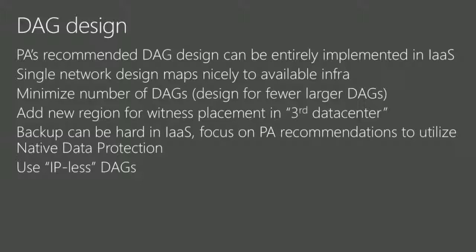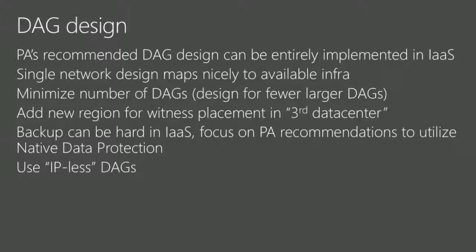You're going to have to use the IP-less DAG option, the DAG without cluster administrative access point feature that we made available a while back, because you don't have the ability to configure multiple IP addresses on these machines. So that's a case where a change in Exchange also helped to enable this scenario.